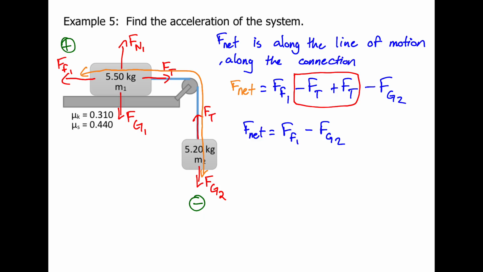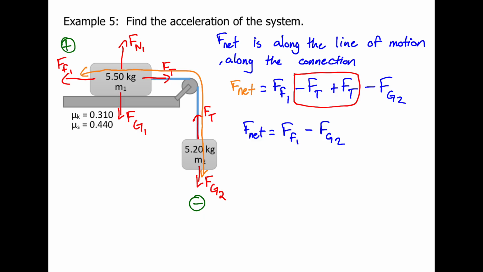We're basically balancing how much this is pulling down versus how much this is trying not to move. That's the thing that's going to decide how much this is going to move. Do we think that this is going to move or not? Yeah, it's definitely going to move. The frictions are not huge, they're all less than half. The weights are roughly the same. It's going to move. So we're going to just shortcut there and use the kinetic friction to do our math.